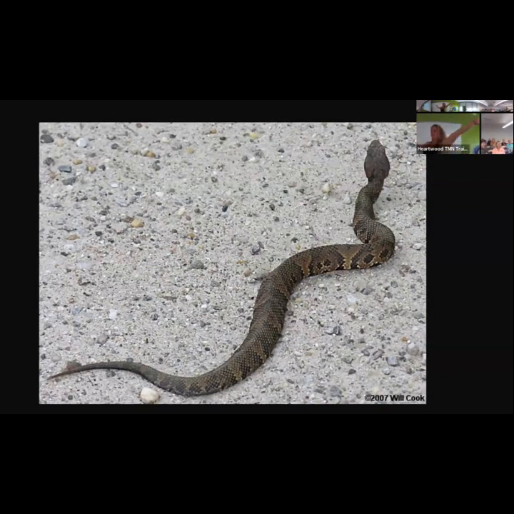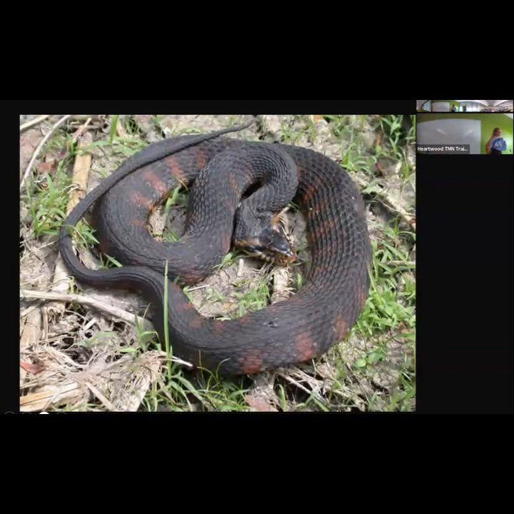Venomous or non-venomous? It's venomous. It's a cottonmouth. Yes. I'm gonna try and trick you guys now. Why is it a water snake? Yes. There's eyes, there's the linear lines.